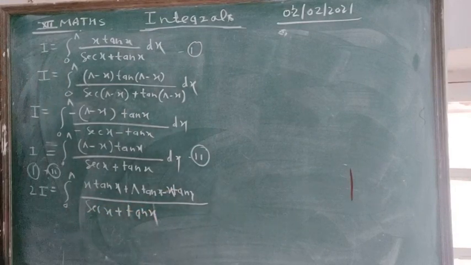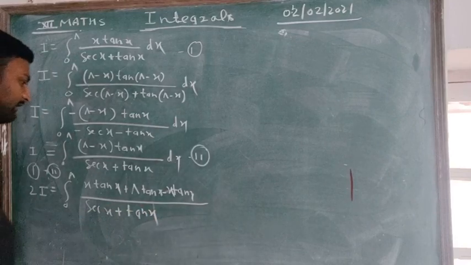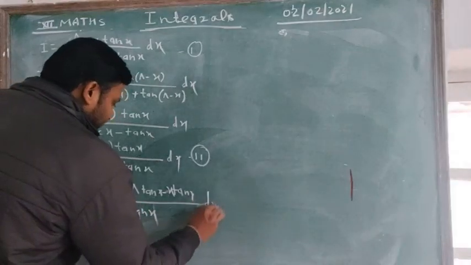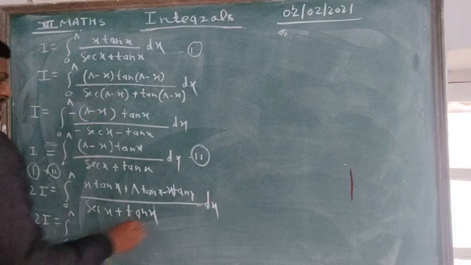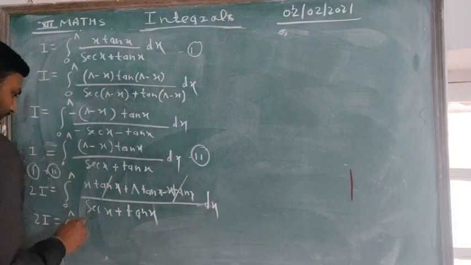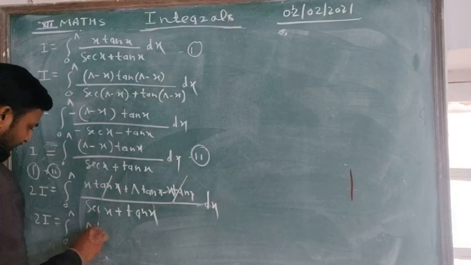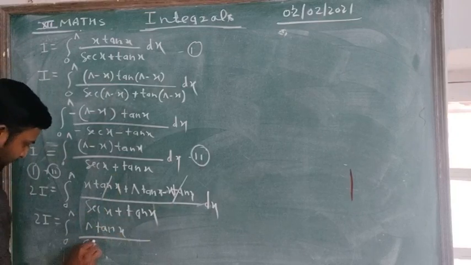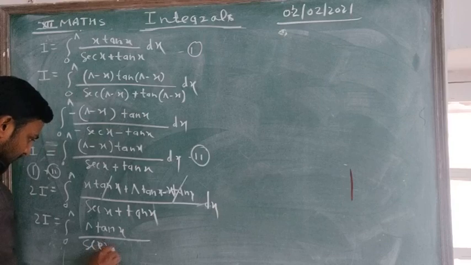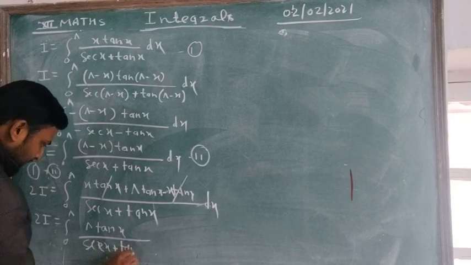Because students, in both equations the denominator is the same, so we can write 2I is equal to 0 to pi, and students, we are seeing that this cancels and we are getting pi tan x by sec x plus tan x.